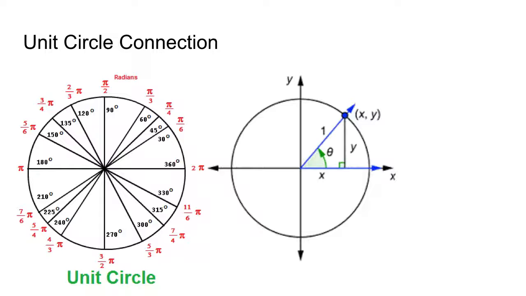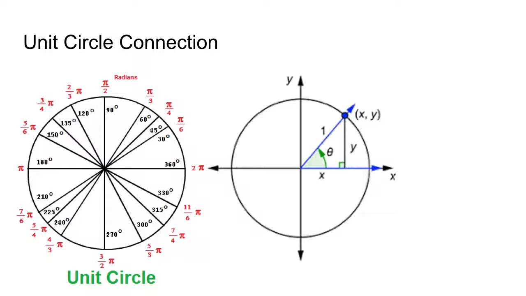That can be used for various purposes. In this video, we can see that by drawing a line at one of our angles to the circumference, we are given a straight line going from the origin to the circle of radius 1.